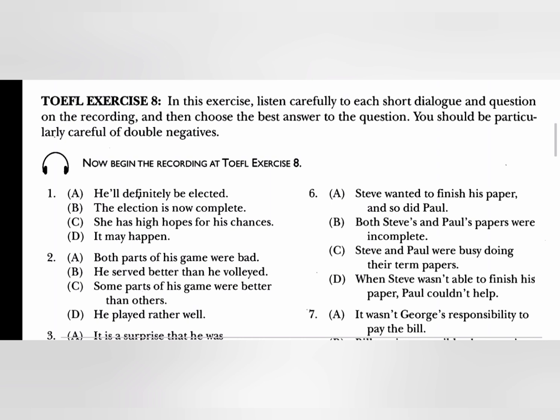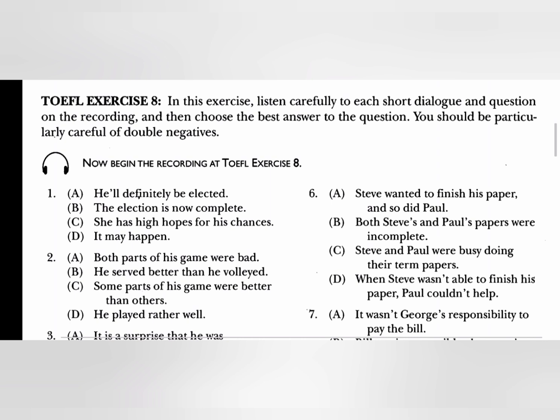Because the woman's response, it's not completely impossible, indicates a degree of uncertainty about Ron's chance of winning the election. She doesn't express high confidence or certainty in his victory, but she also doesn't rule it out entirely.